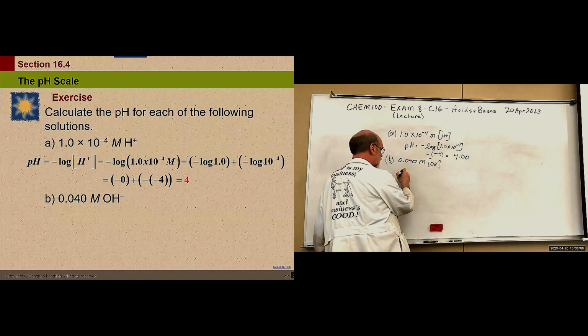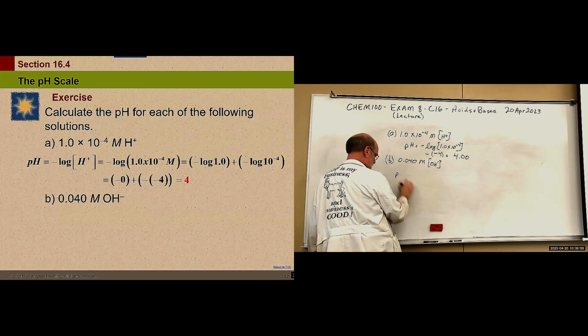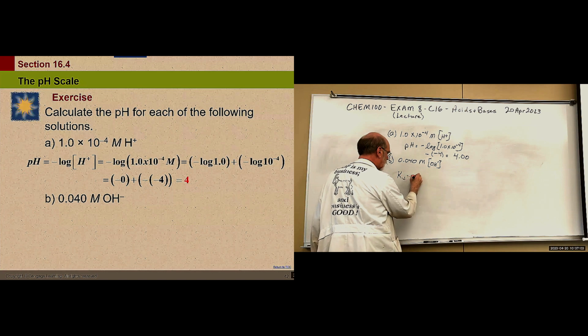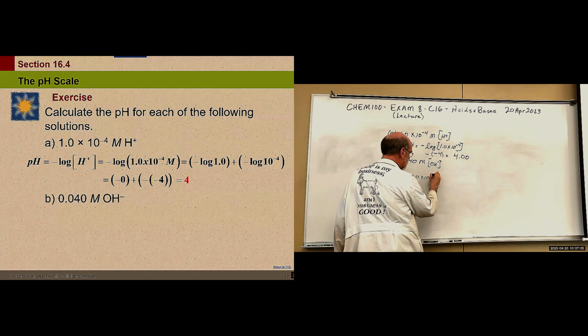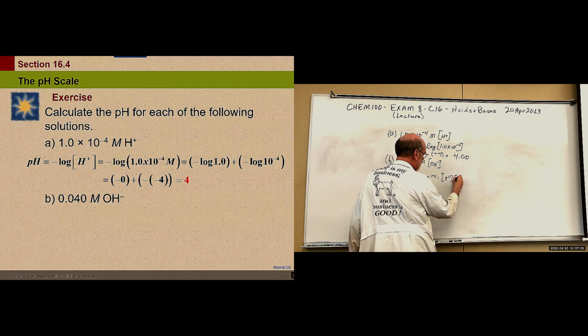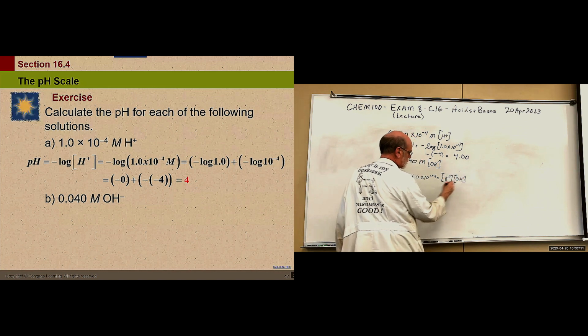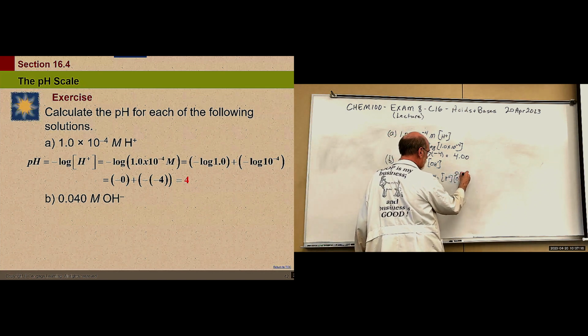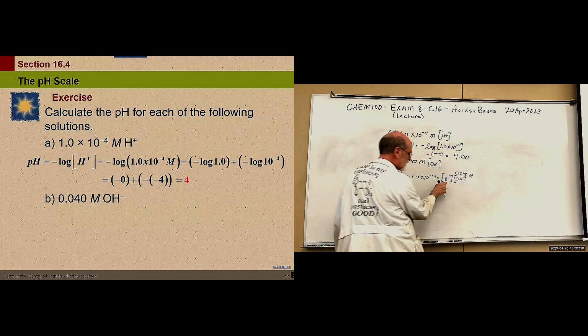Well, remember our equation. Kw equals 1 times 10 to the minus 14, which is equal to hydrogen ions times hydroxyl ions. And so we know hydroxyl, we just put 0.040 in here and solve for this one.